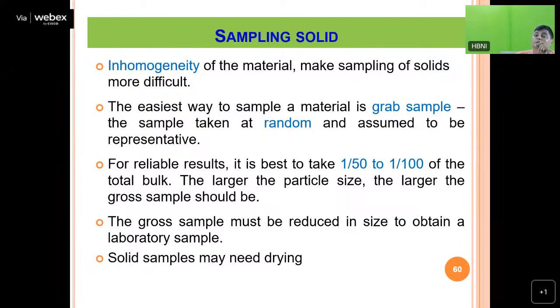So in the case of a solid sample, synthetic chemistry, as I told you, is not of much concern. But if the sample is of natural origin, as per the international protocols, one has to state that the sample which you analyze has a particle size of 10 microns, 20 microns, 100 microns, or 2000 microns.